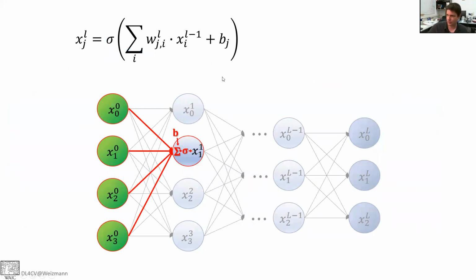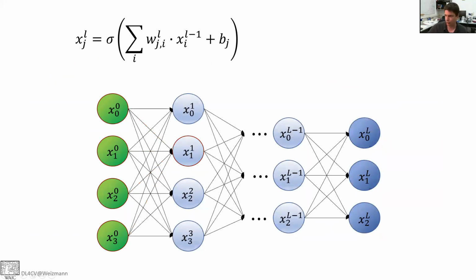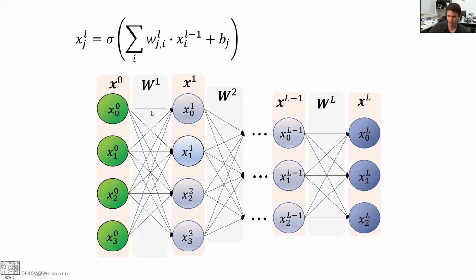Okay, so this is how a single neuron is defined as a function of the neurons from the layer before. But we should also be more efficient and think about a neural network in a vectorized way. So another thing we can do is we can say that each layer of neurons is actually a vector.